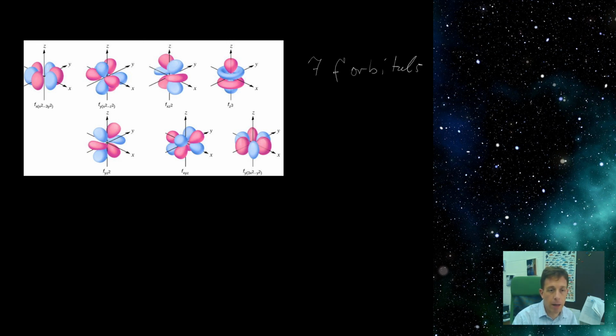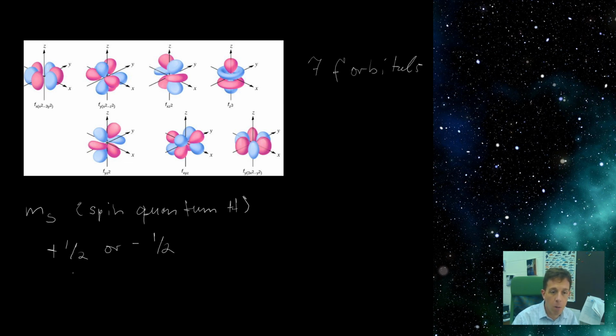The last number that we need to evaluate is the spin quantum number, and that is m sub s. That one can have values of plus 1/2 or minus 1/2. What that means is that in one of these electron orbitals, there can be up to 2 electrons, each with opposite spin.